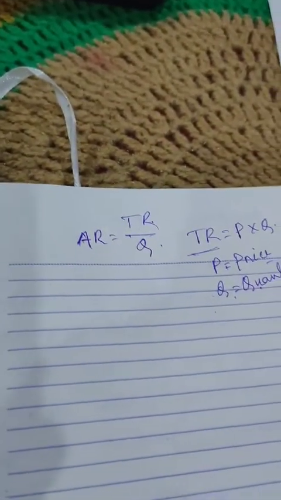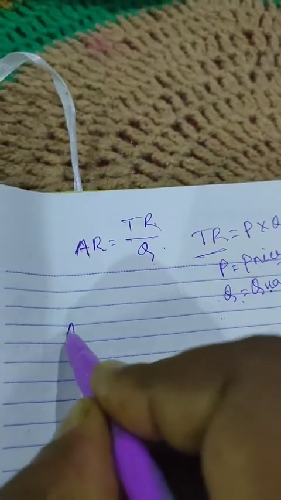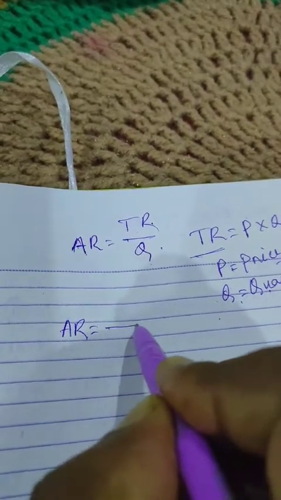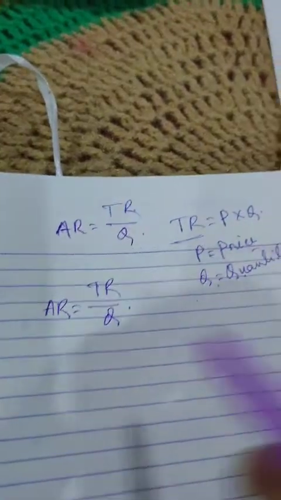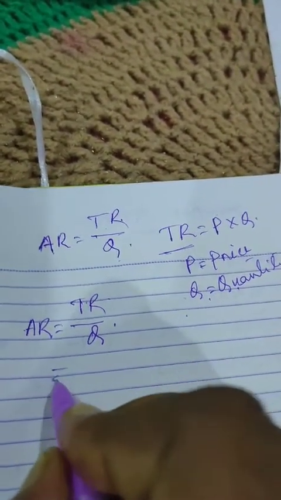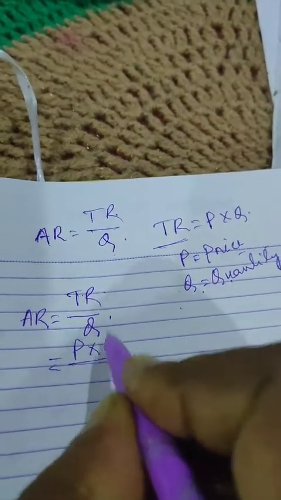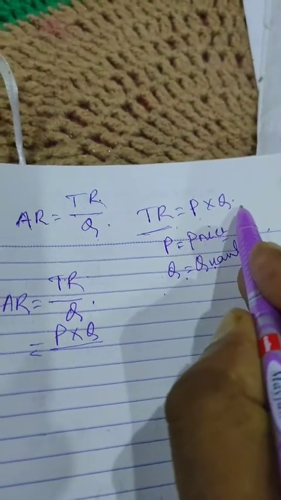How and why is this called the price of the commodity? You see, the formula for average revenue is total revenue by quantity. Placing the value of total revenue in the numerator, you get P into Q, since total revenue is nothing but the price multiplied by the quantity produced.